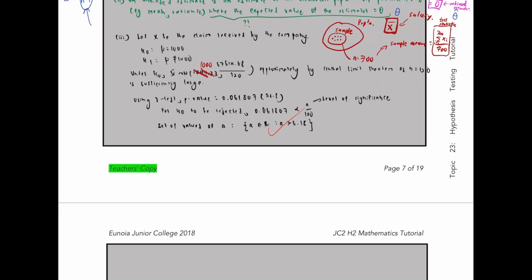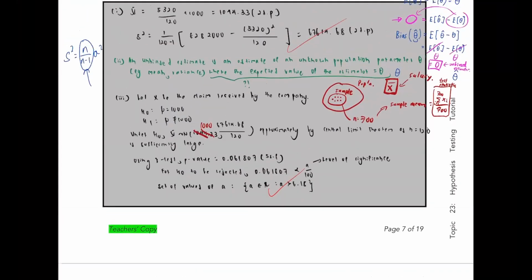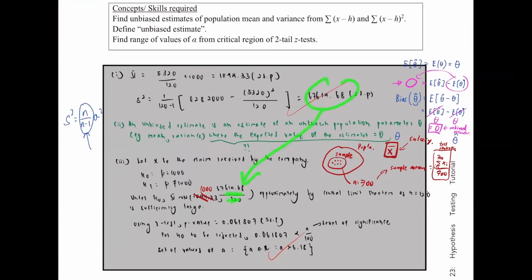Because we don't have the actual value. Oh, we have the unbiased estimate though, so we can use it, right? S square divided by the sample size 120. This is approximately normal by CLT, as n is large. Okay, using the z-test, we can calculate the p-value. Oh, sorry, this question is not that difficult. Fine, we can calculate the p-value.